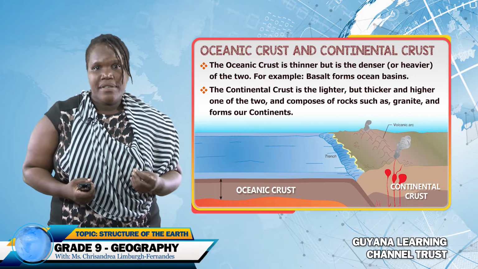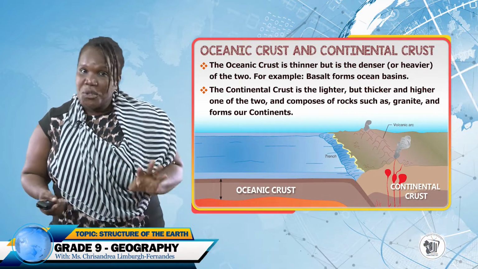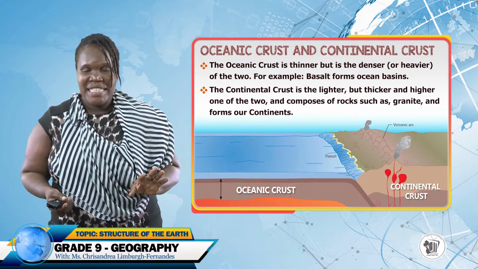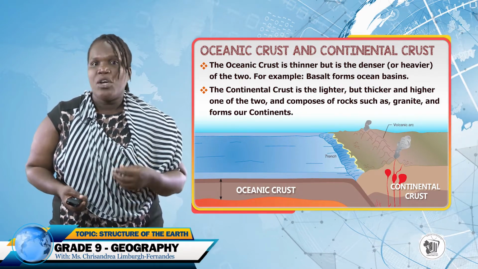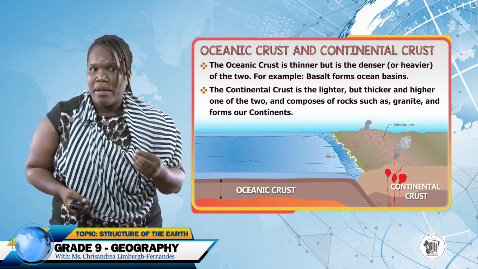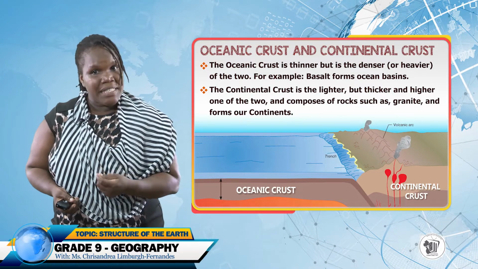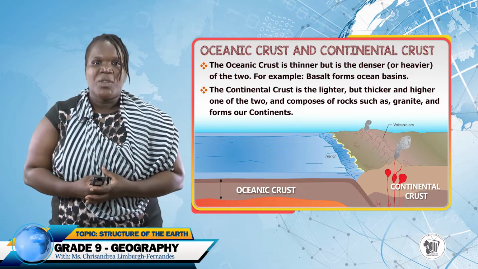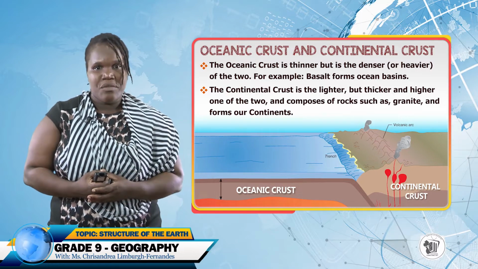The oceanic crust is the thinnest but densest of the two crusts, right? It is made up of basalt rocks, and they form the ocean basin. I want you to remember, oceanic crust is thinner and denser, right? While the lighter of the two is the continental crust.